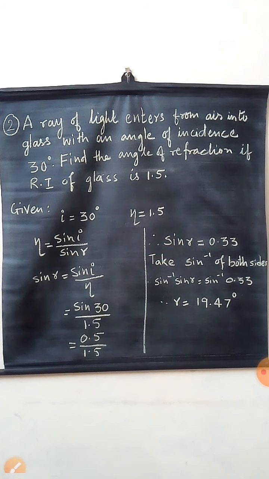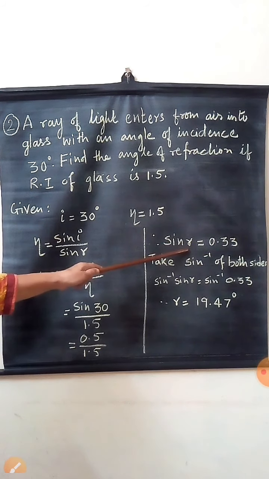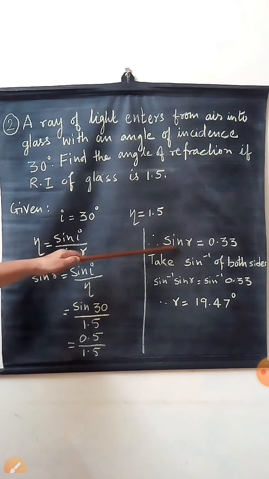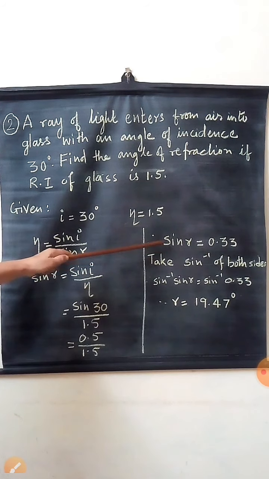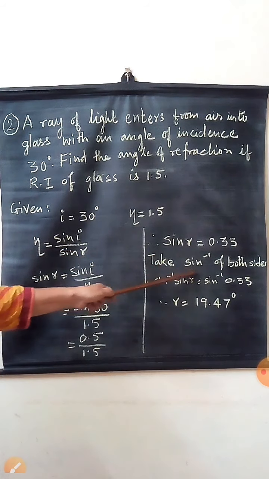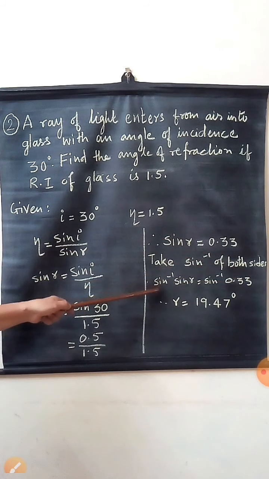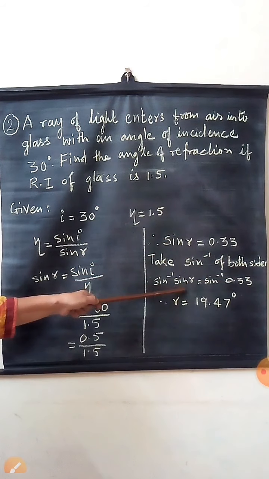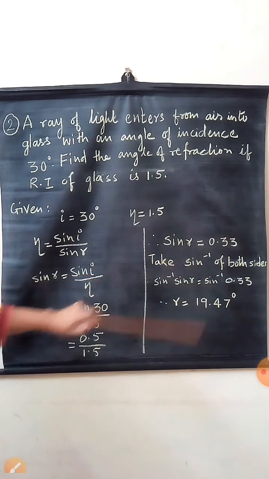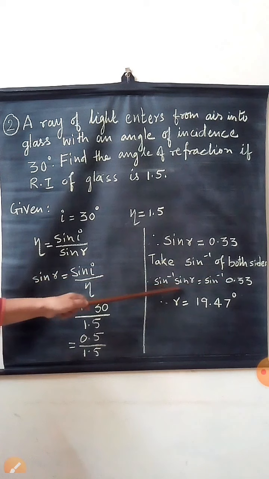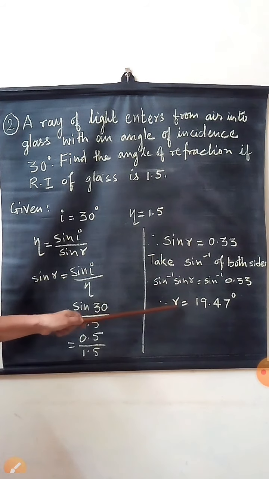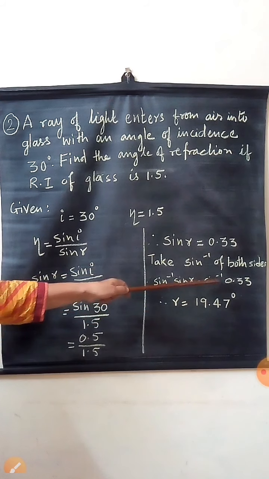Now you have to calculate the value of r, so you have to remove this sine. To remove this sine, we take the sine inverse of both the sides. Sine inverse of sin r is equal to sine inverse of 0.33. So sine inverse and sine get cancelled, which gives r on the left hand side equal to sine inverse of 0.33.